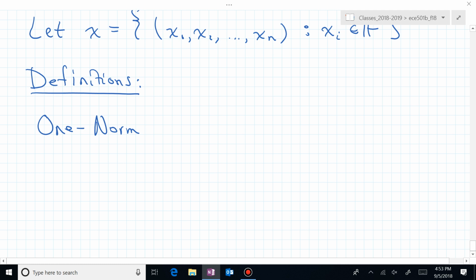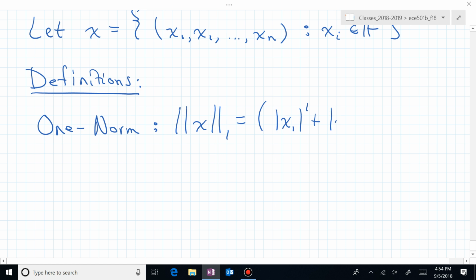The one norm. Norms are typically symboled with two vertical lines on either side of the vector or the variable. Here we're saying the one norm is: we take the magnitude of x1 and raise it to the first power.